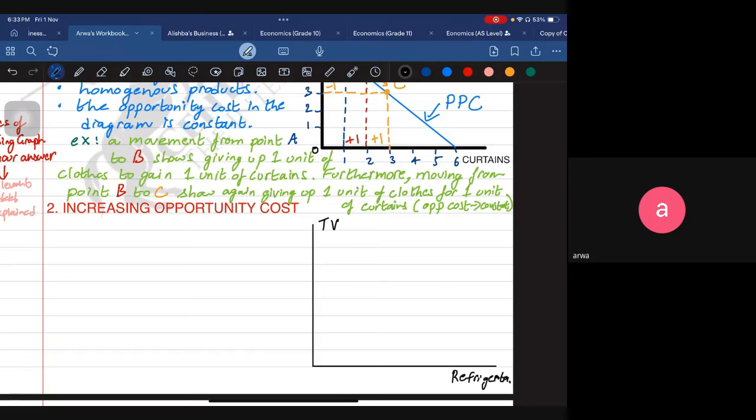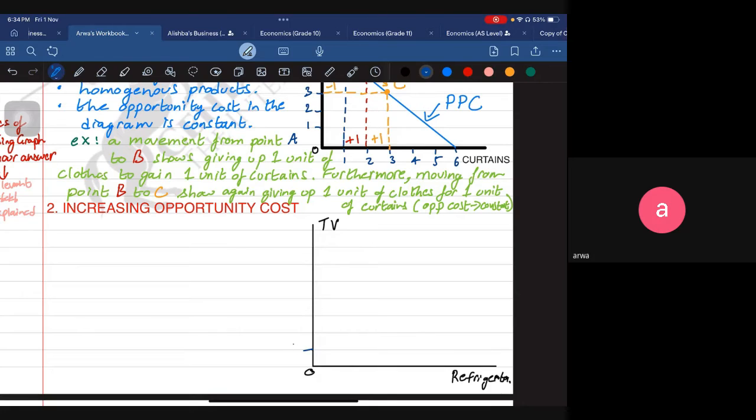Now, if we first look at the diagram, before going to that, I will also mention here for you the points.